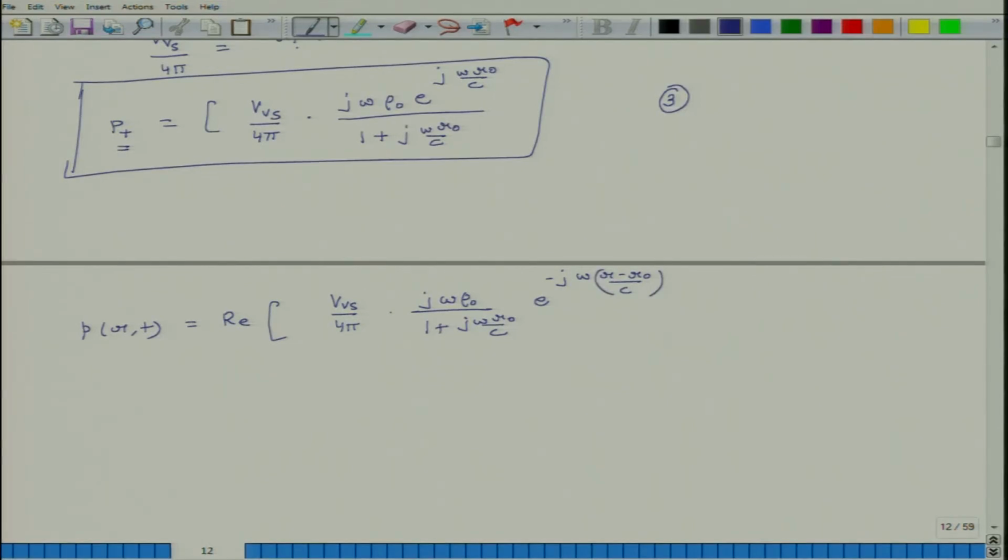I will just keep it in the original shape, so I will still have e to the j omega r naught divided by c.